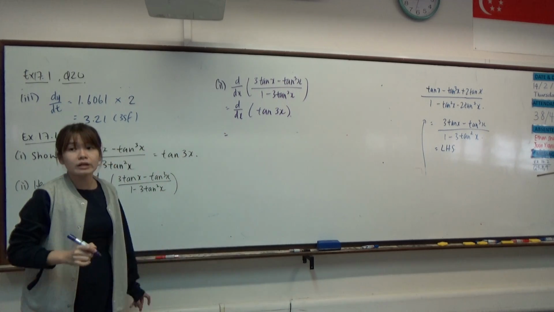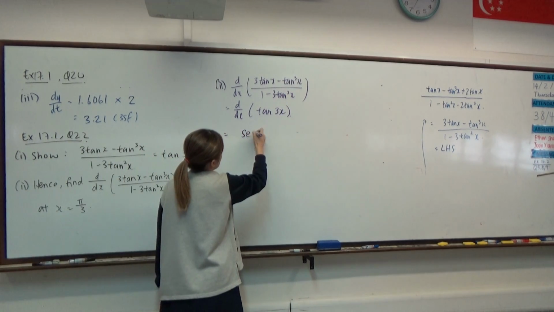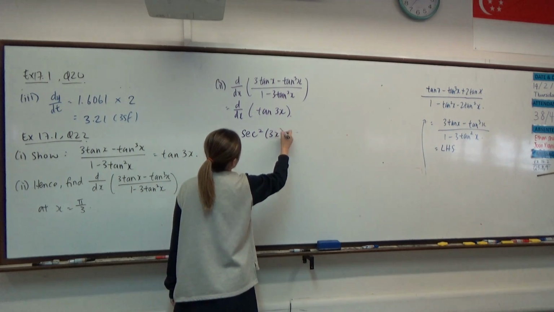This one we already know how to differentiate. That will be secant square 3x times 3.